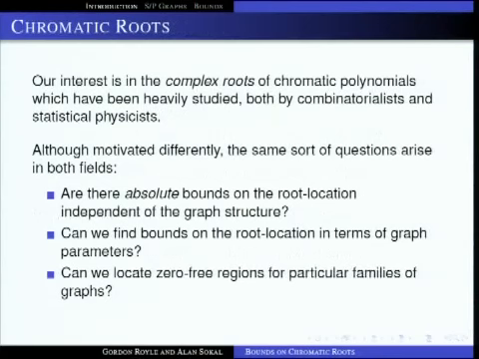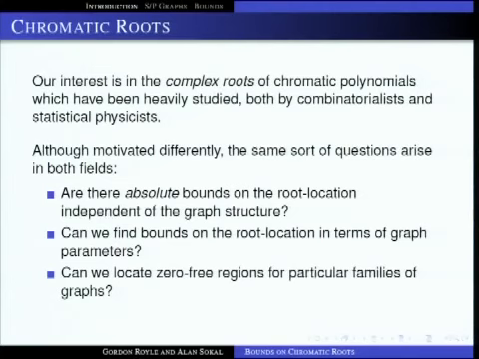The interest that we have is in the complex roots of chromatic polynomials of graphs. So these have been studied quite a lot, both by combinatorial people and by statistical physicists, and pretty much no matter which background you're from, the fundamental questions that you ask are basically the same.